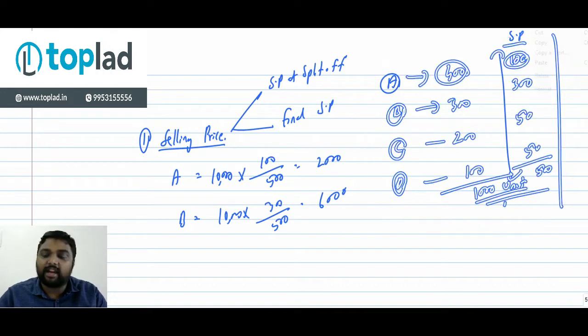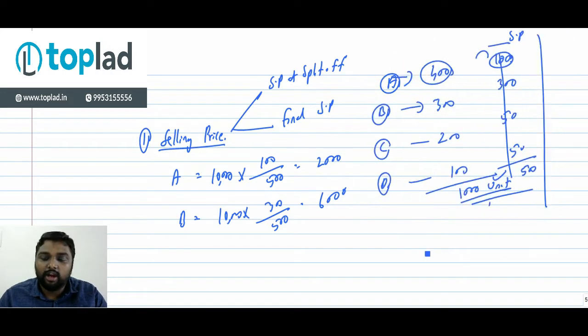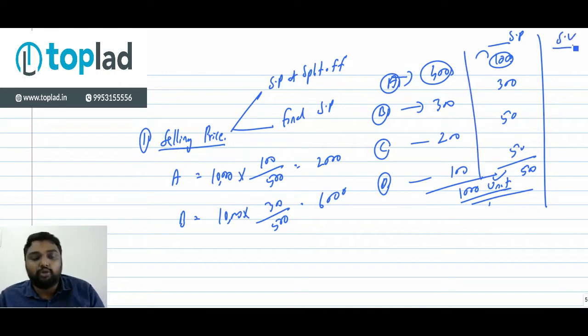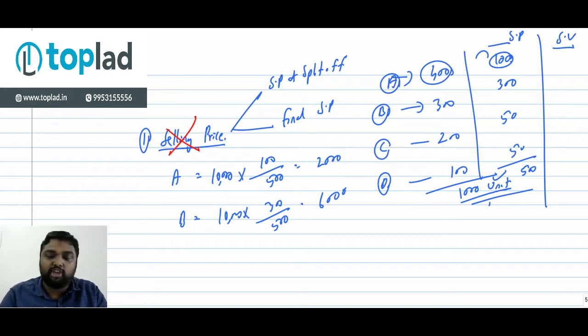So here comes the assumption that not the sales price, we have to take the sales value. Sales value is nothing but selling price into units. So this is not appreciable.